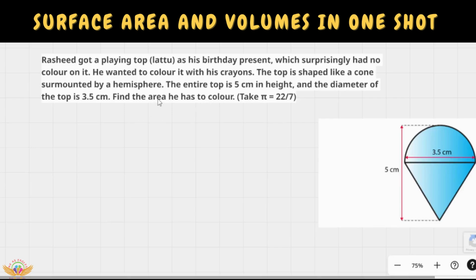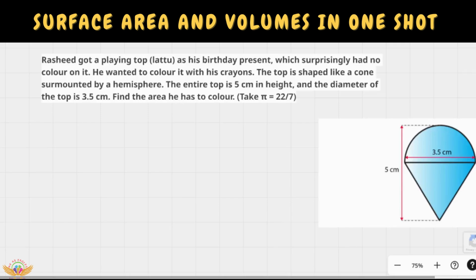So what is the total surface area of this toy? We need only the curved surface area, not this line. Only the curved surface area of this hemisphere and of this cone. Curved means only the sides.